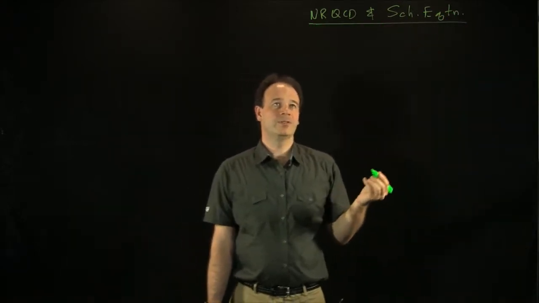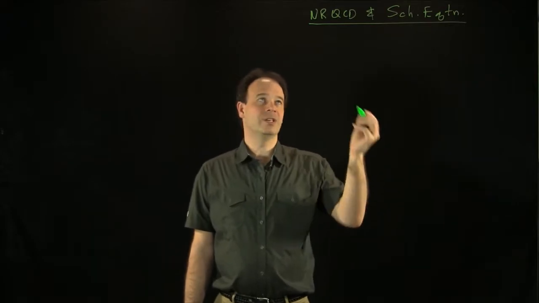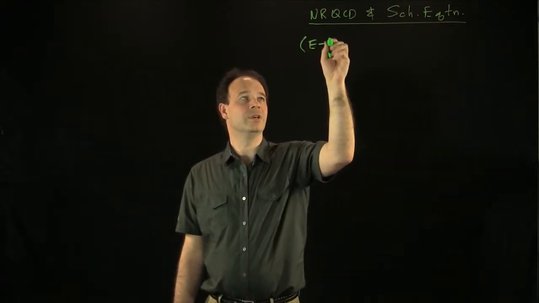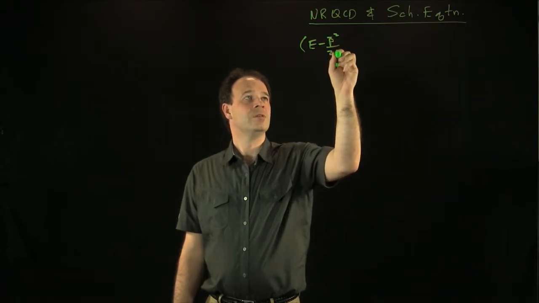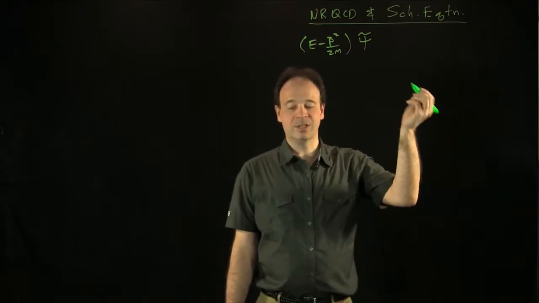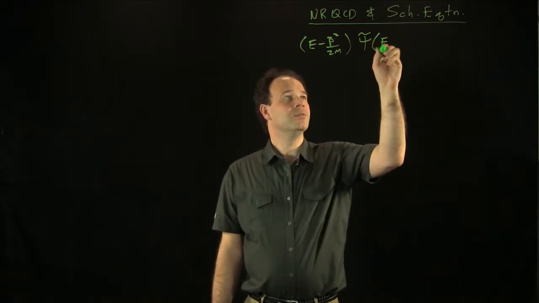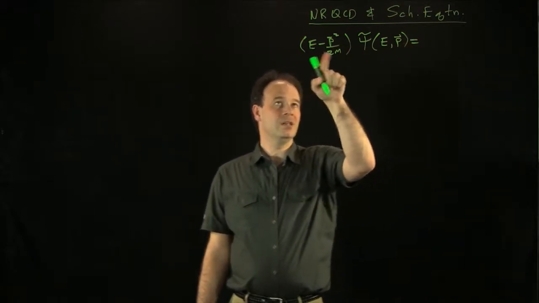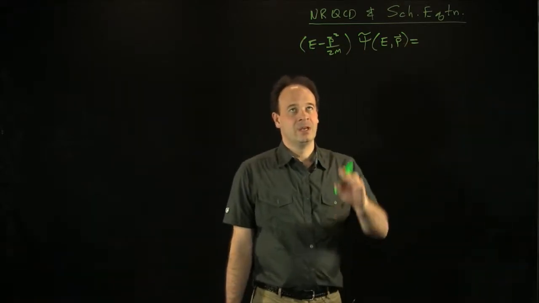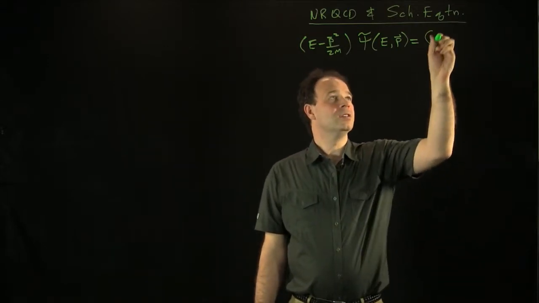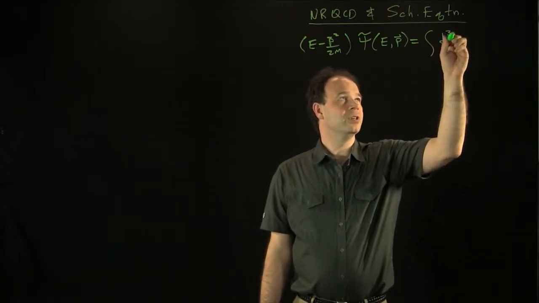OK, so let's first of all just remember what the Schrodinger equation is. And I'll write it in momentum space, because that'll be sort of the most convenient way of making the comparison. So in momentum space, if we have a momentum space two-particle wave function, which I'll call psi tilde, and it's a function of energy and 3 momenta, the Schrodinger equation says that E minus p squared over 2m, which is the gradient squared over 2m that we usually have, is equal to the potential times the wave function back again.